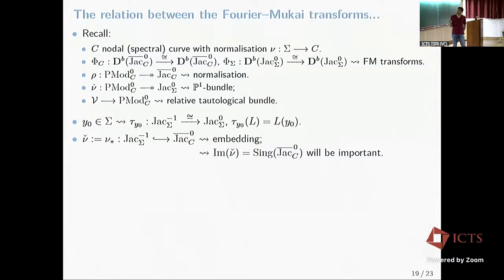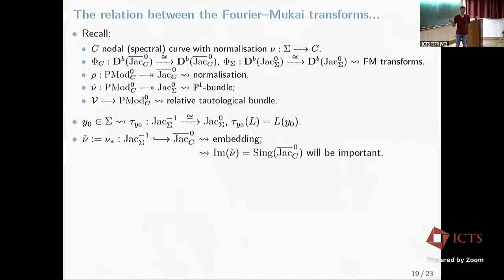This is important. So if I have the Jacobian of degree -1, so if I have a line bundle of degree -1 on my normalization, and if I push it forward to the nodal curve, I get a rank 1 torsion-free sheaf of degree 0. The degree increases, but it's never going to be a line bundle.